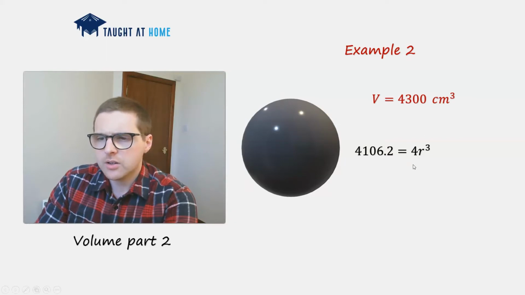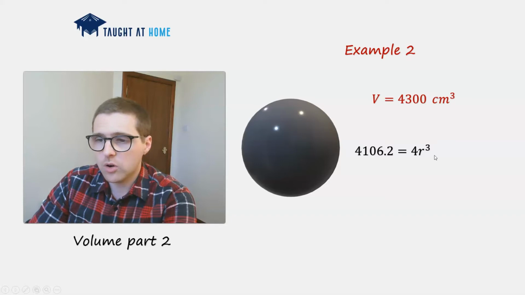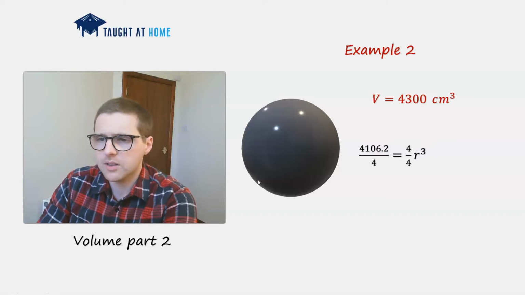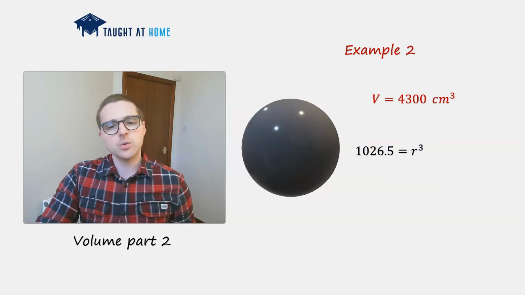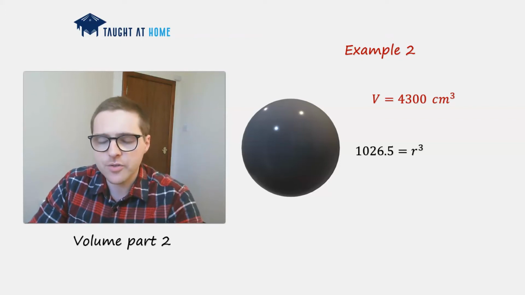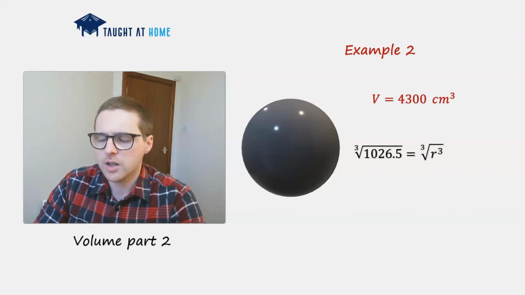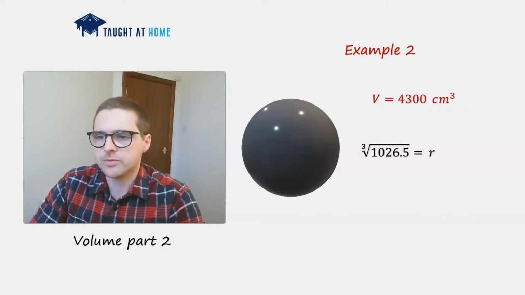Now we can isolate r cubed by dividing both sides by 4. These 4's cancel out, and on the left hand side we get 1026.5. Now that's equal to r to the power of 3, so we take the cube root of both sides to get r on its own.